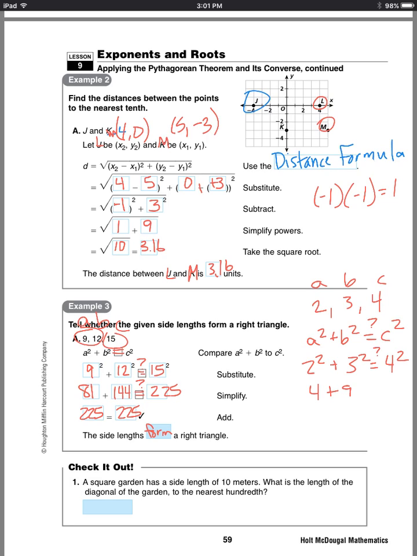Oh, we still need a little question mark. And we're questioning if that'll equal 16. 4 plus 9 is 13. It does not equal 16. So the side lengths don't form a right triangle. There's a T at the end of right.